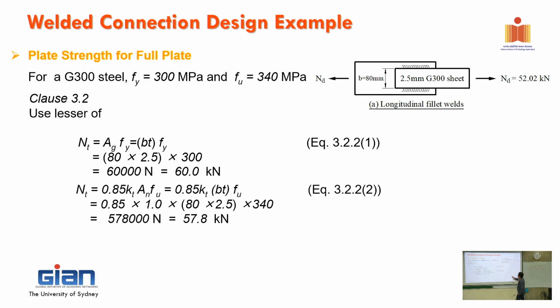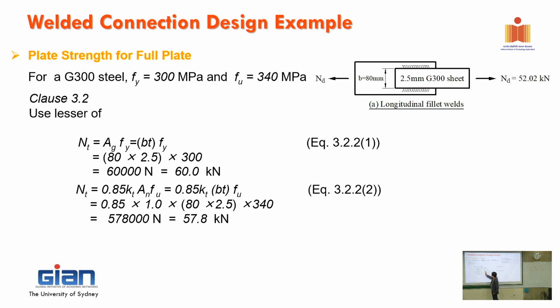Then we check for fracture, but in this one we don't have the hole. Remember, with the bolt, you cut the hole, you need to minus that area. But this one, we don't have, so AN here is similar to AG, right? And then we check it.